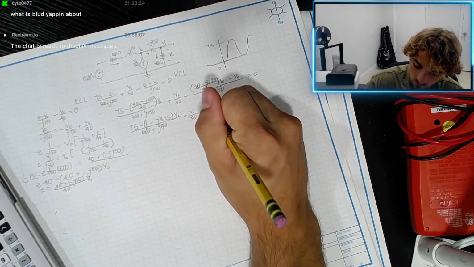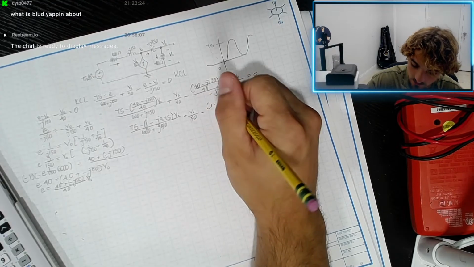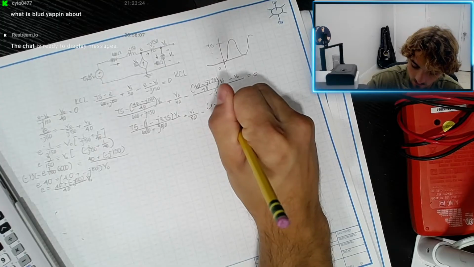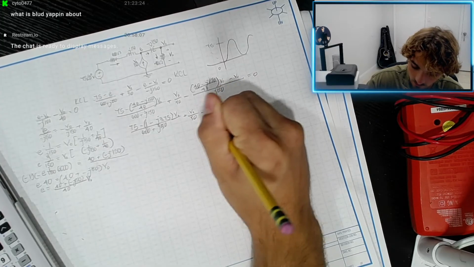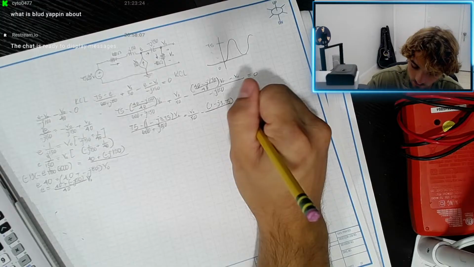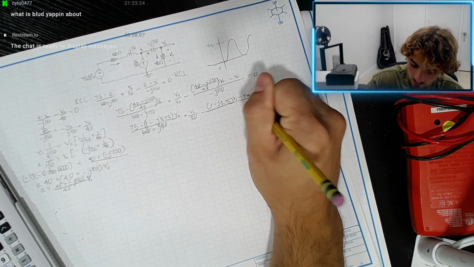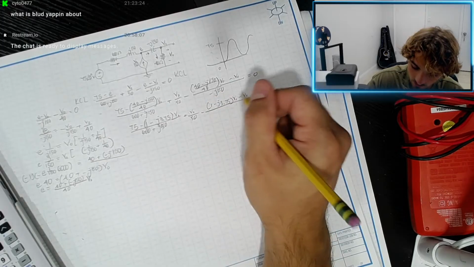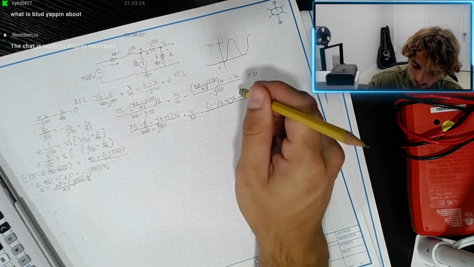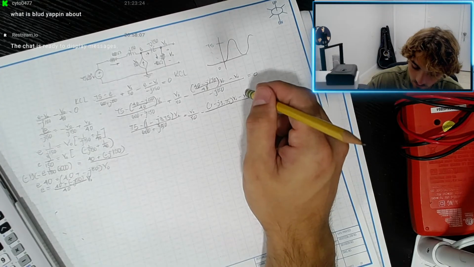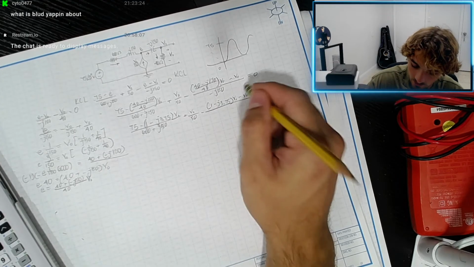40 over 40, so it would be 1 minus j, again, 150 divided by 40, same thing, 3.75. Divided by, oh, that's that whole thing. V out minus V out. Now I could distribute and combine them and then just redo it. So V out 1 minus, oh, V out minus V out.